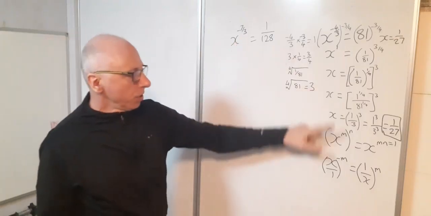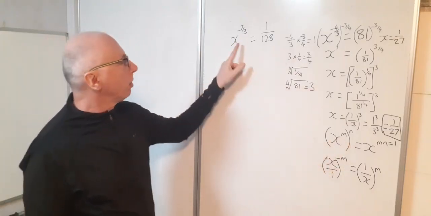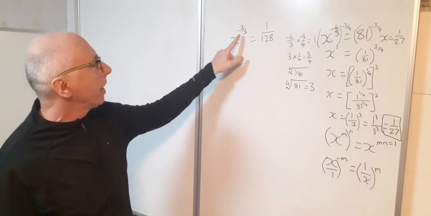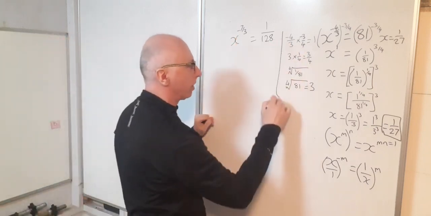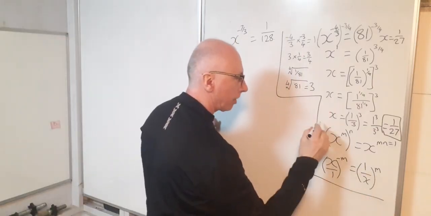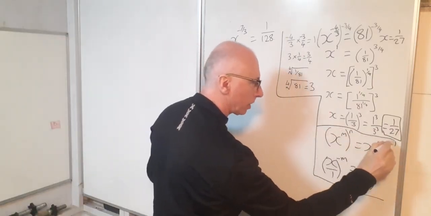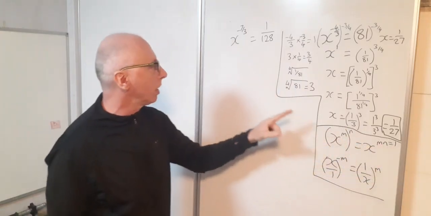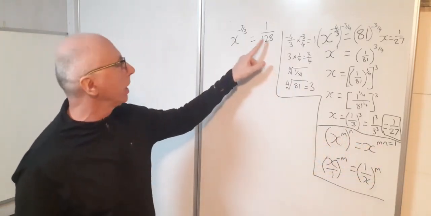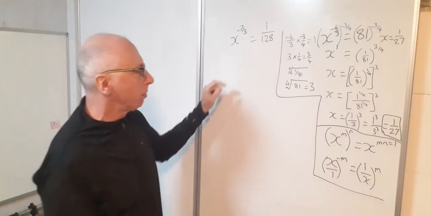Now let's go through the same with these properties with this one here. So now I've got x to the minus 7 over 3. Let me put my working down on the side here. That's my properties of indices that I want to keep. And I want to get this mn to equal 1 using this. So what number do I need for minus 7 over 3 to be 1?